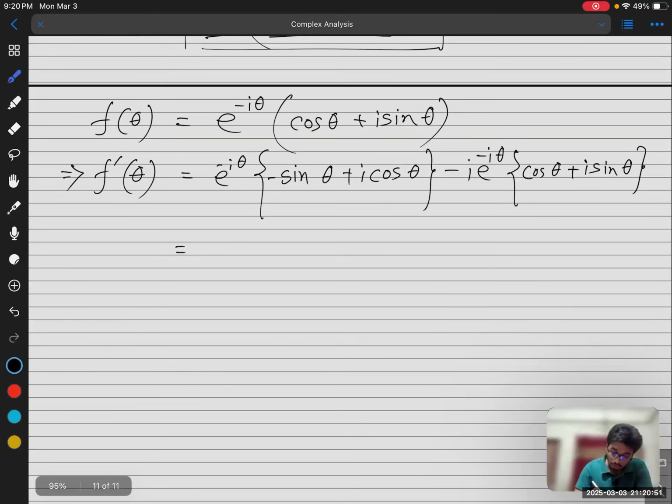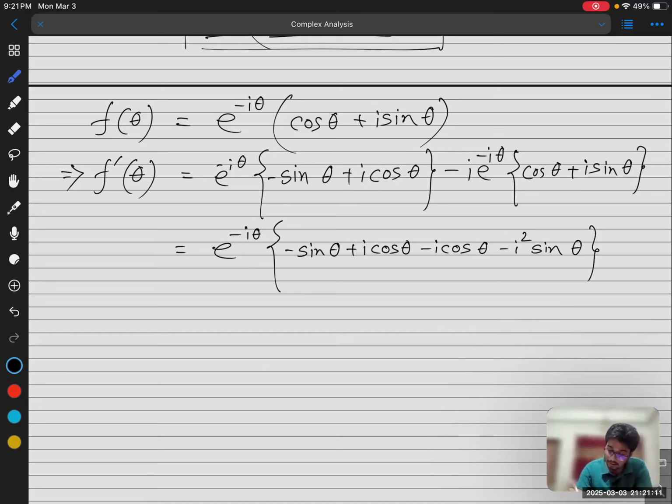So from here, if we take the e^(-iθ) as common, then we get -sin θ + i cos θ - i cos θ - i² sin θ.